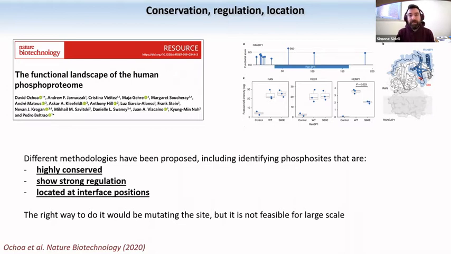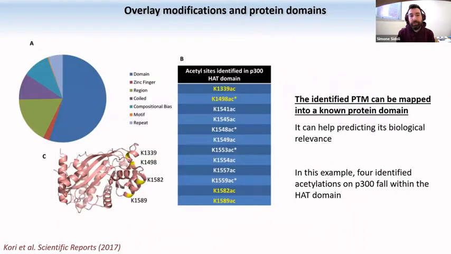So again, there's not one way of doing this, but one thing that proved to be relatively successful is to map your modifications into protein domains. In order to choose which modification is more likely to have a remarkable impact on my cell phenotype, you can start grouping your modifications, because you know the site when you map it by mass spectrometry.